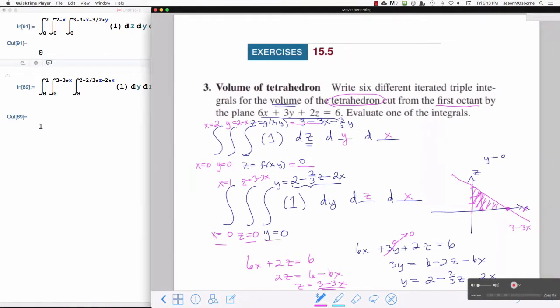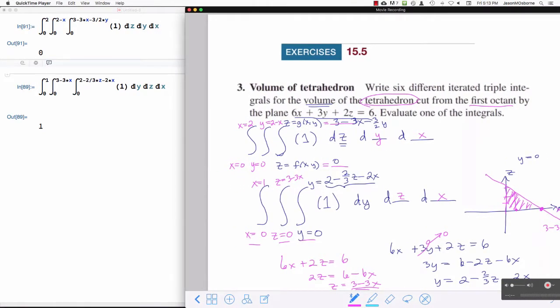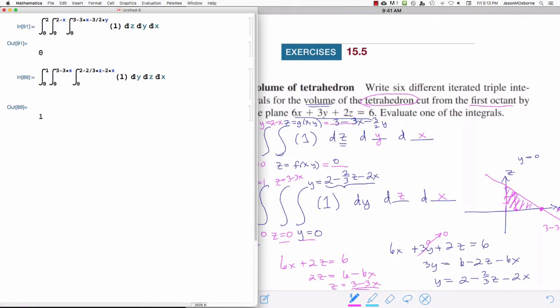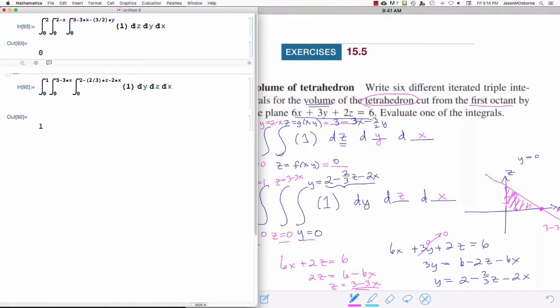So I have to look back at where I made the mistake. And it's possible that this could be a parentheses thing. Maybe just put parentheses around our 3/2 so that the y is not treated as being in the denominator. And let's put 2/3 in parentheses. And let's try this one again. 0 and 1.